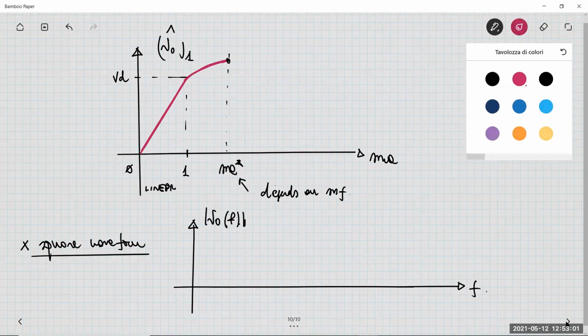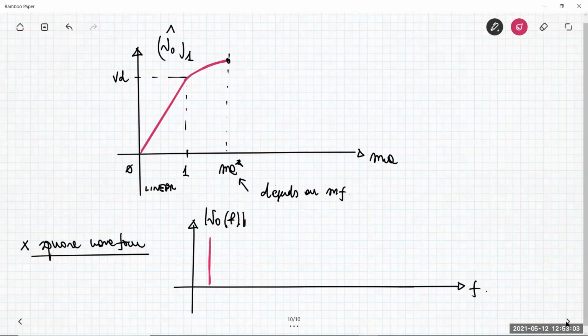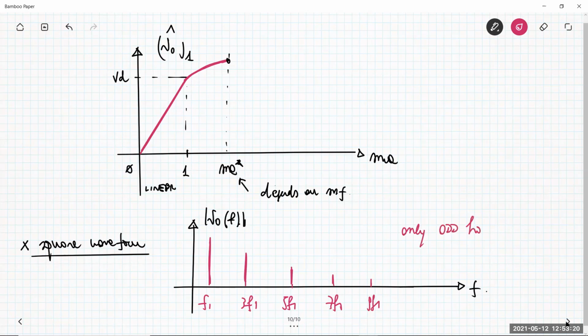Okay, so you have F1, and then you have 3F1, then you have 5F1, then you have 7F1, 9F1, etc. Only odd harmonics, and which is the amplitude of these harmonics.